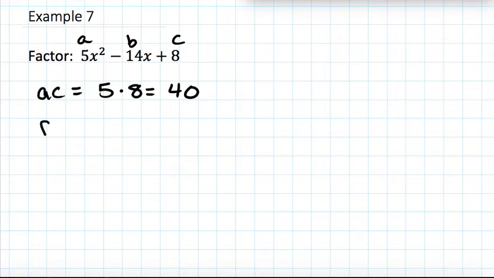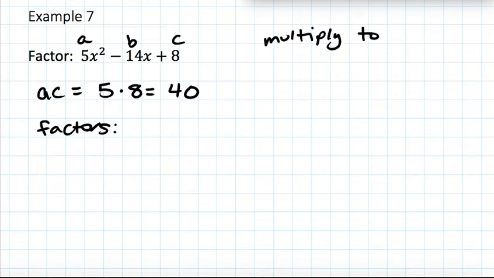Now, what I'm looking for is two numbers that multiply to 40 and add to B, which is negative 14. Since they're multiplying to a positive number and adding to a negative number, that tells me that both of them are negative.